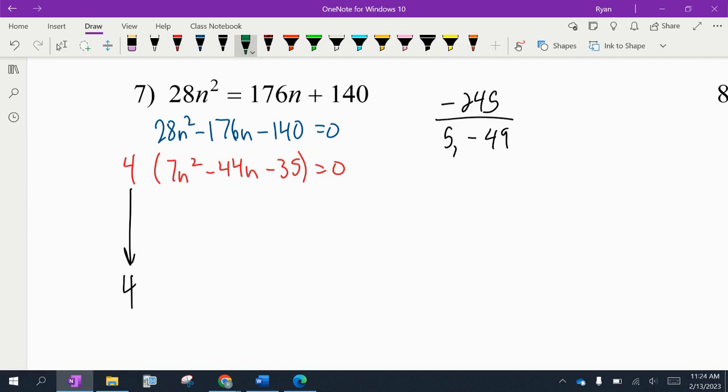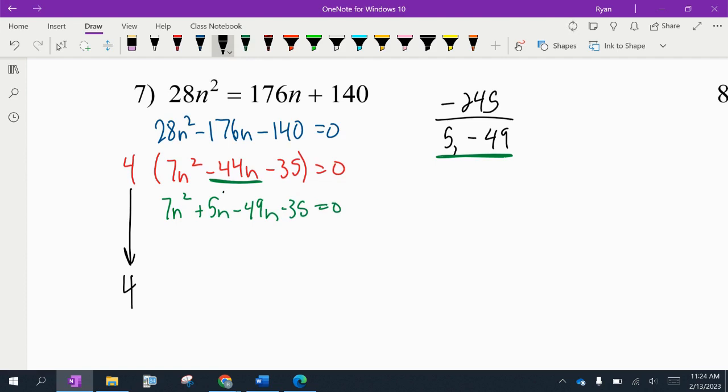Can you rewrite this using this split of that middle term? Still 7n squared, but the negative 44n becomes positive 5n minus 49n. They add up to negative 44. Again, they gave us our correct multiplication. Bring down the negative 35 equals 0.